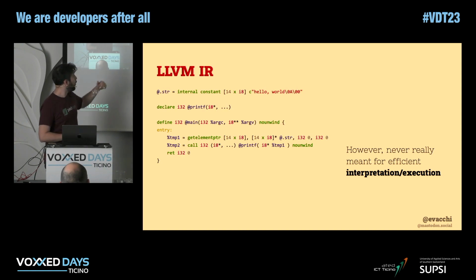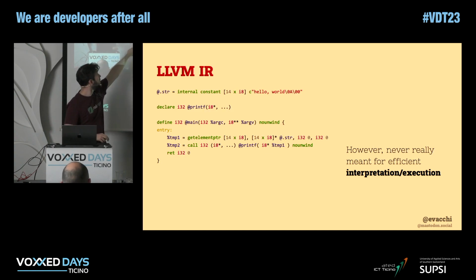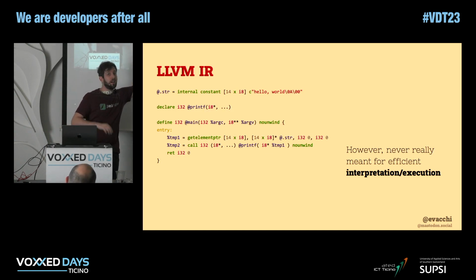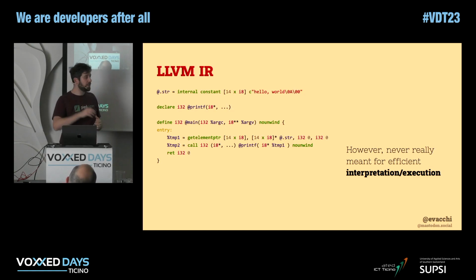Just so you know, this little bit of code that may seem hard to understand is not that hard to understand. As you can see at the top, there's a constant. I don't know if you can see it at the end of the room, but there's a hello world string at the top. And then there's main that takes an argc, i32, and an argv, and this already should ring a bell.